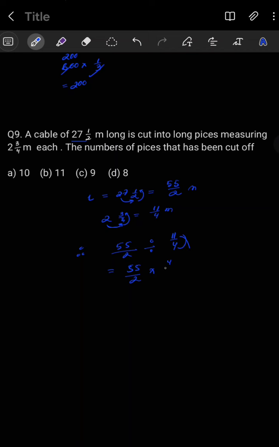So it is 4 upon 11. Now if you want, you can multiply 55 into 4 and 2 into 11 which is 22, and afterwards divide, but you can also divide here itself. 55 divided by 11 is 5 times, and 4 divided by 2 is 2 times. The remaining is 5 into 2, which is 10 pieces. So option A is your correct option.